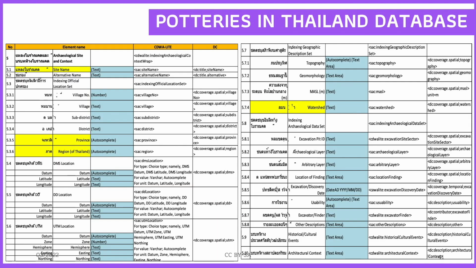Archaeological site and context provides contextual information on the location where the pottery was found. Both archaeological sites and environmental data of sites, excavation pits, soil layers, and where the potteries were found in excavated pits or archaeological sites, including information about the excavation, the name of the finder who discovered it, and the year of excavation.